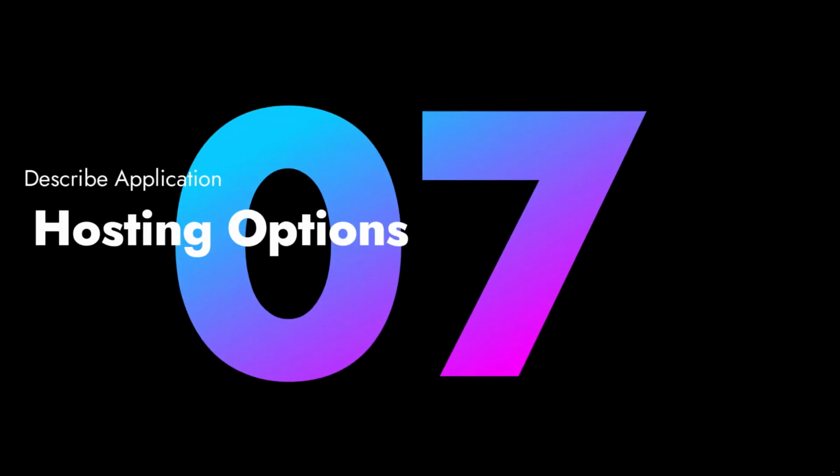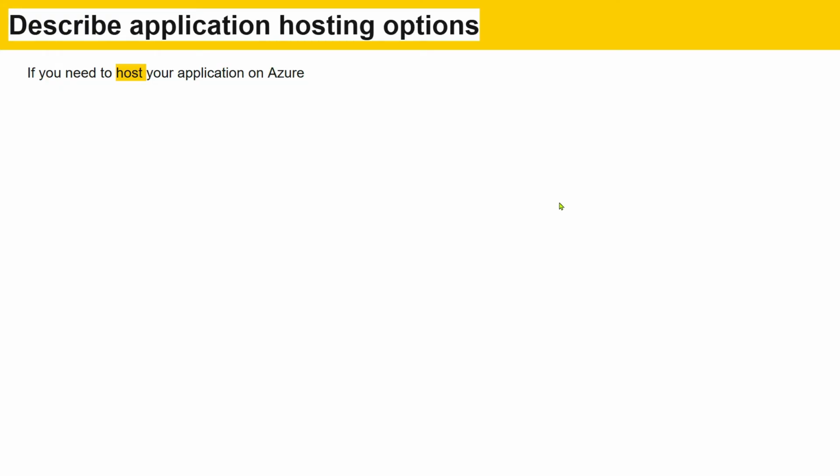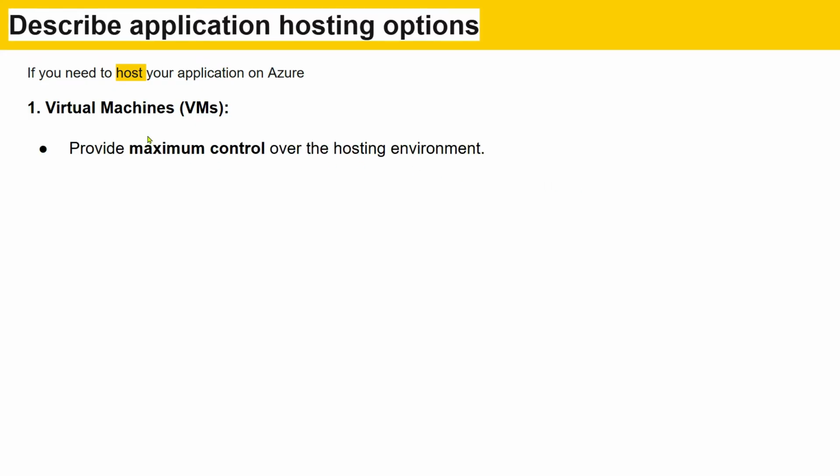The next topic is describing application hosting options. What are the hosting options we have seen so far? One of the hosting options available in Azure is virtual machines. Virtual machines provide maximum control over the hosting environment.